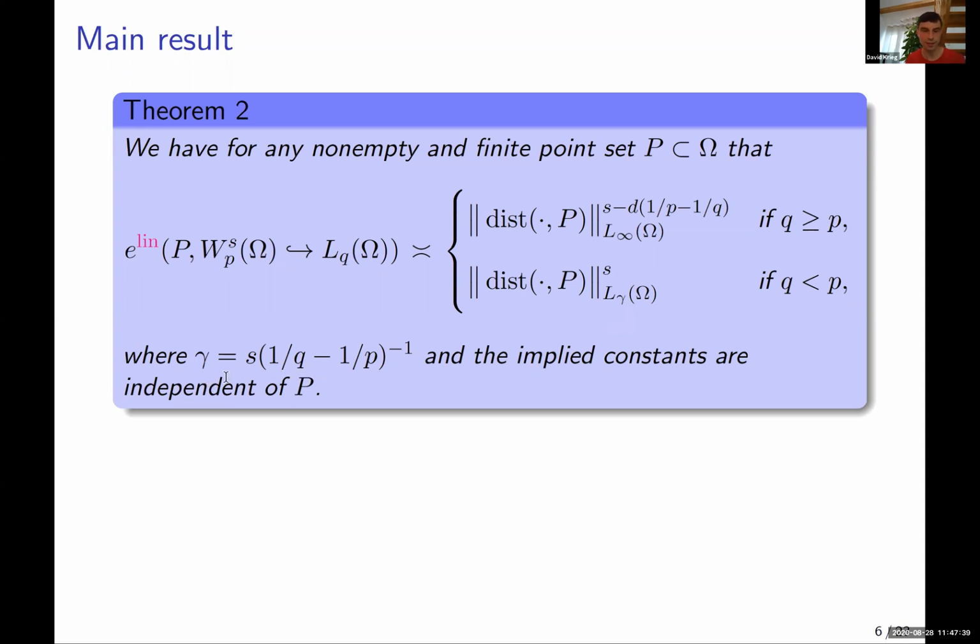So it's S times the inverse of 1 over Q minus 1 over P. So the larger the distance between Q and P, the less restrictive is the condition on the point set. So only the L gamma norm has to be of the optimal order to achieve the optimal order for the LQ approximation problem.